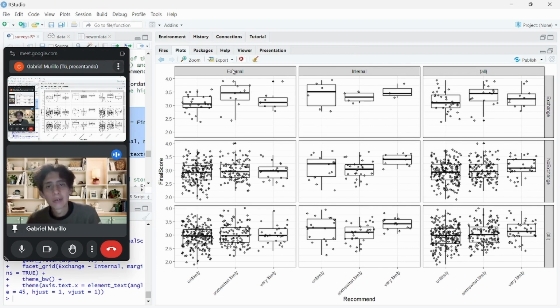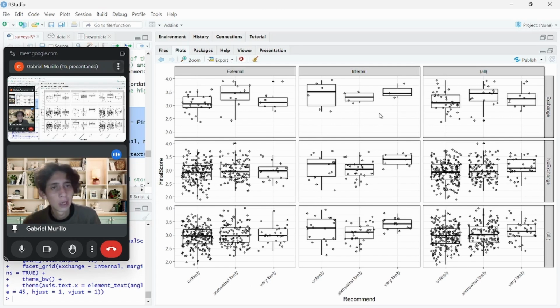We have external, internal against exchange and not exchange variables, and the three levels of our ordinal variable. So we see that we have very few observations in external and internal and all. And the number of observations of the very likely recommendation is very low also.